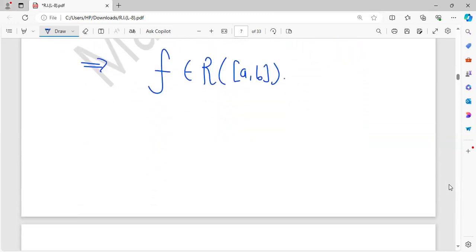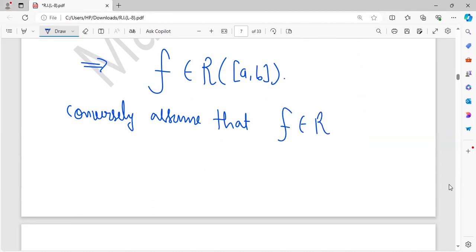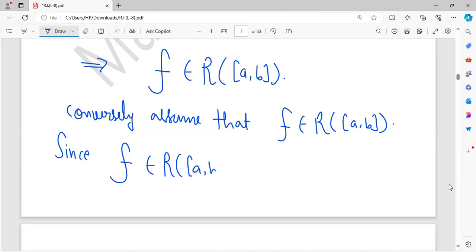Conversely, assume that f belongs to R[a, b]. Since f is Riemann integrable, what do we have?